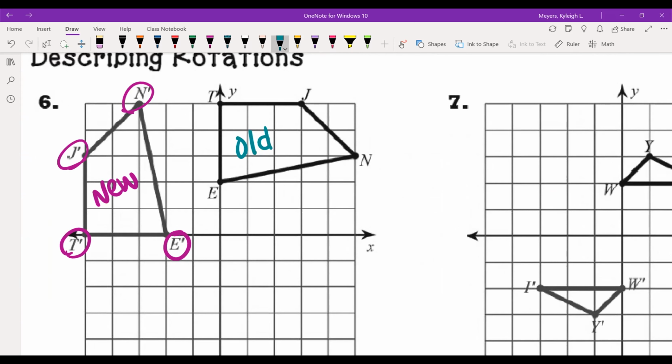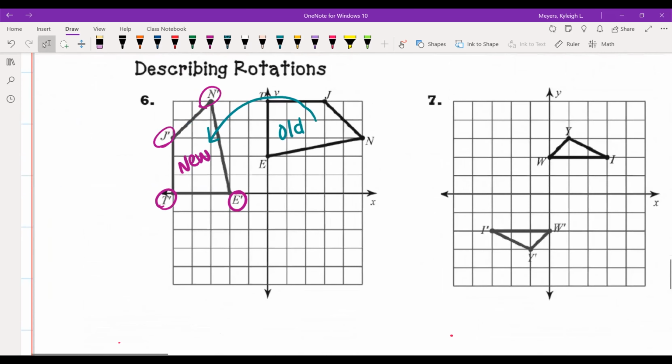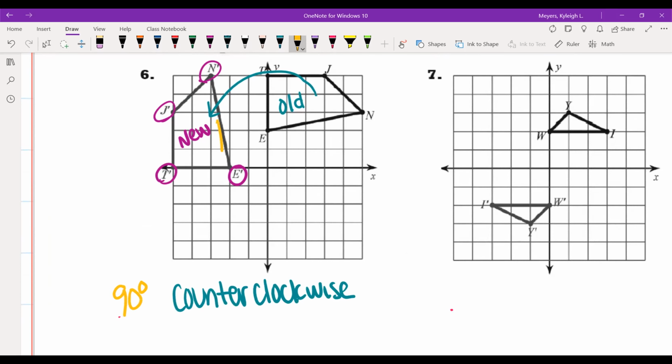So how do I go from here to here? Well, I just drew my arrow, right? It goes to the left. So that's counterclockwise. It goes to the left one time. So that's 90 degrees counterclockwise.